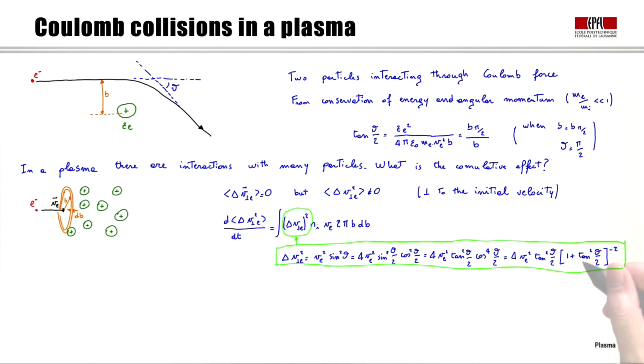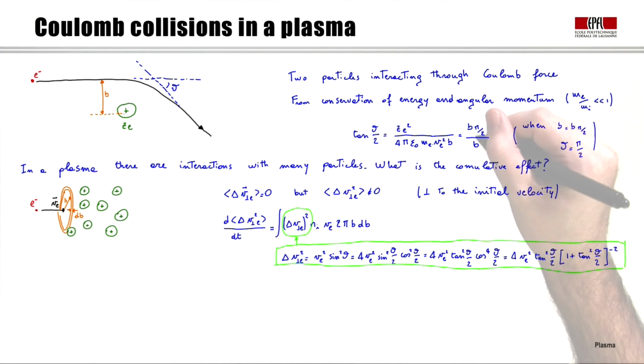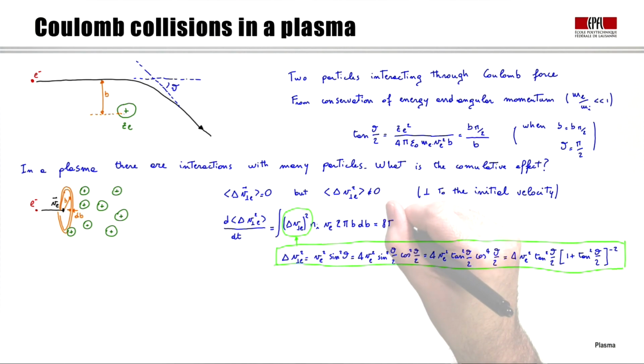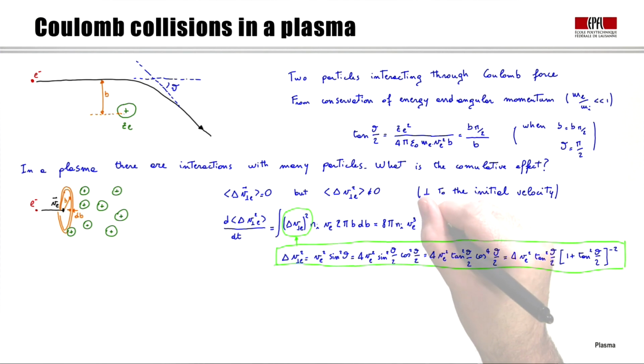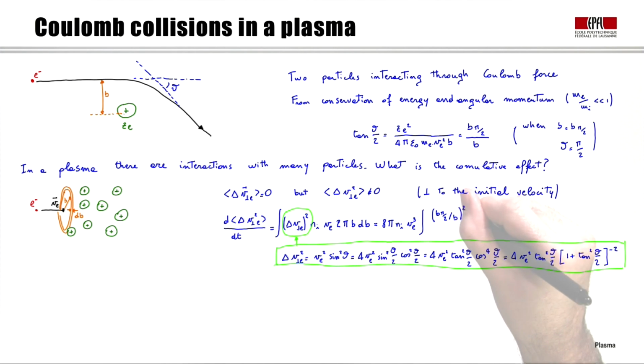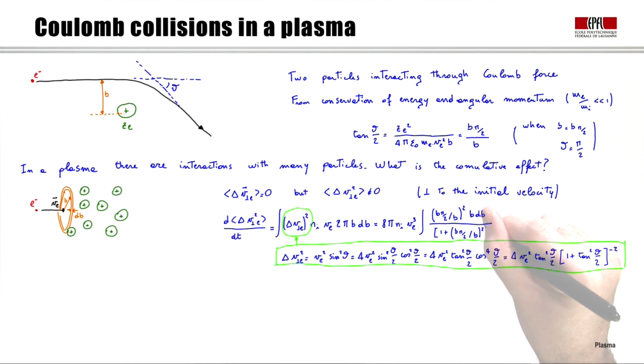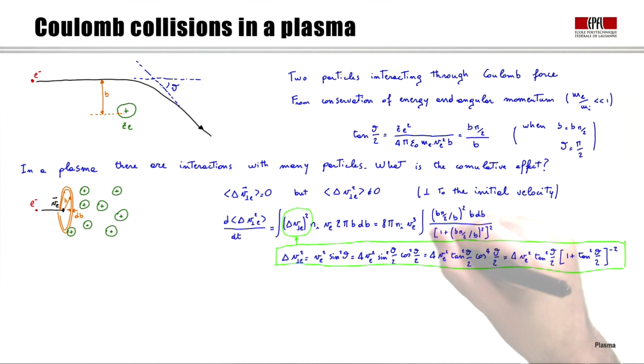The nice thing of this expression is that the tangent of theta over 2 can be expressed in terms of b. And therefore this becomes the integral of a function that depends only on tangent of theta over 2, which we have expressed in terms of b pi over 2 over b.